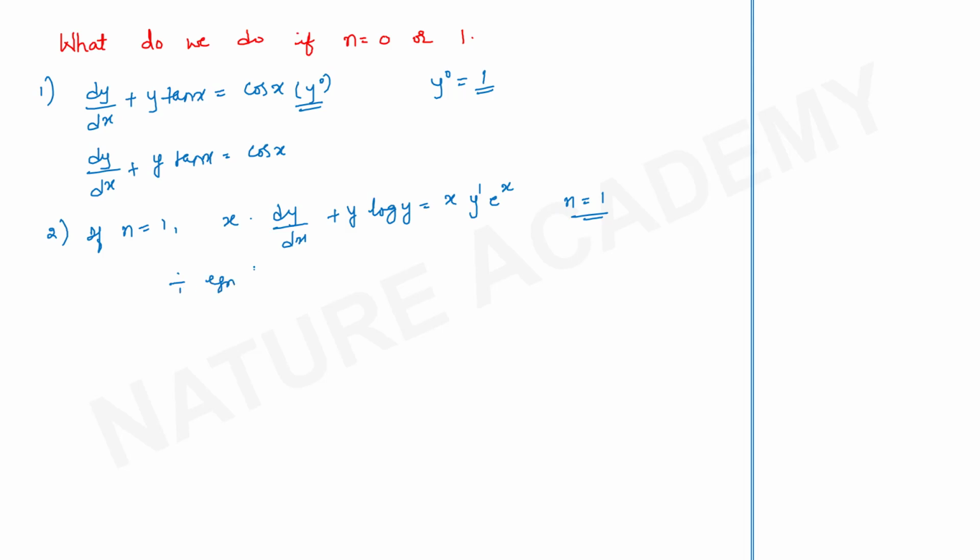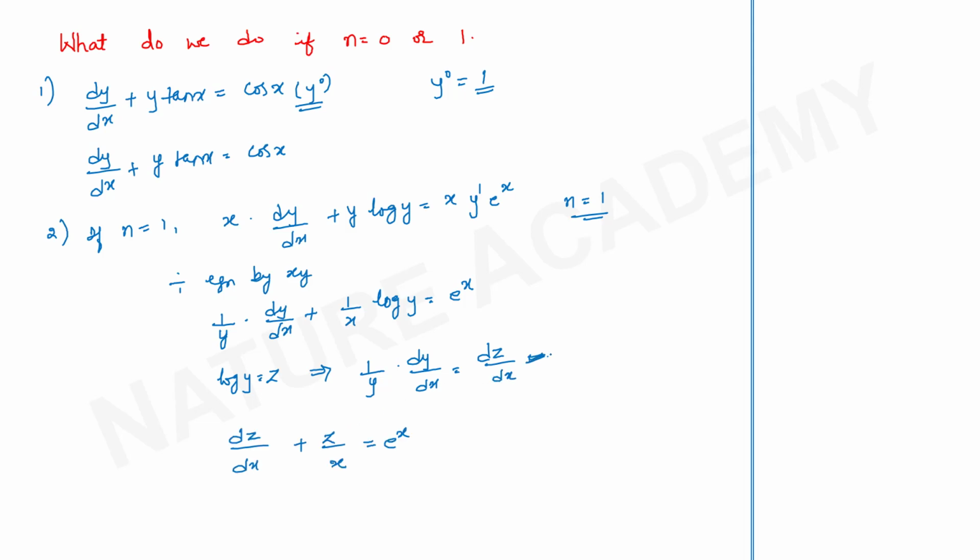What you do? You divide this equation by xy. Then you get 1 by y into dy by dx plus 1 by x into log y is equal to e raised to x. Now put log y is equal to z. If you put log y is equal to z, you first differentiate it. You get 1 by y into dy by dx is equal to dz by dx.